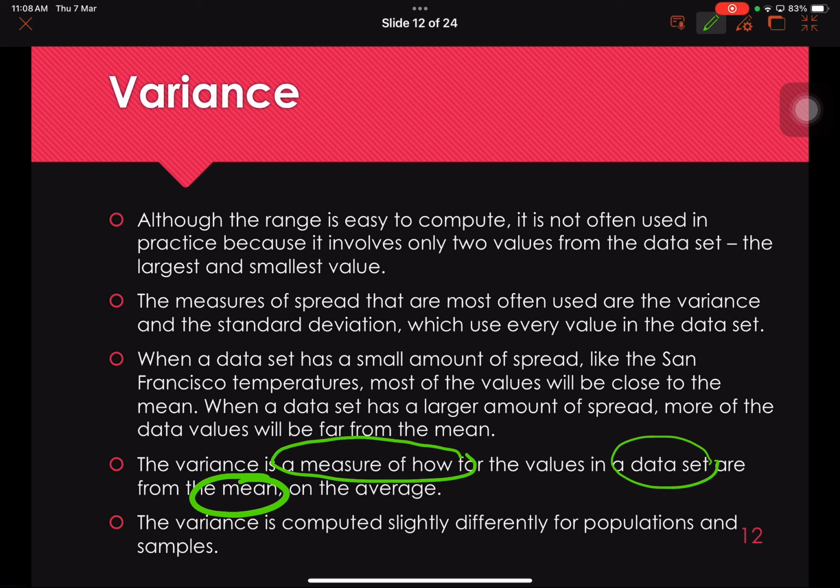The same goes for range and IQR yesterday. But when it comes to variance or standard deviation, don't get too excited to calculate. We should first identify whether the data is a sample or a population, because the formula is slightly different. That is point number 5.